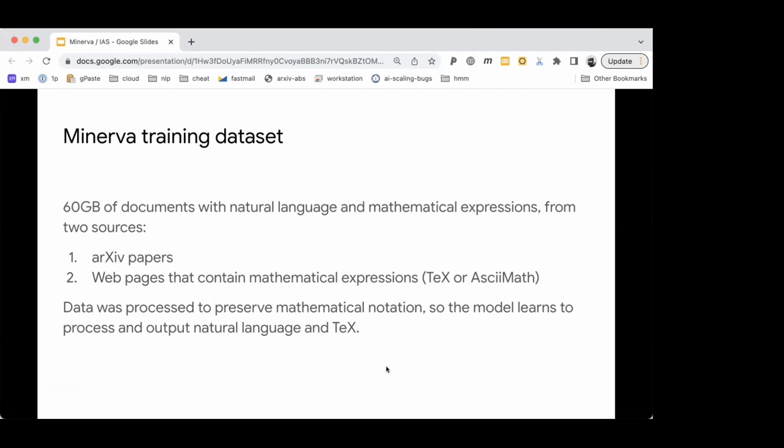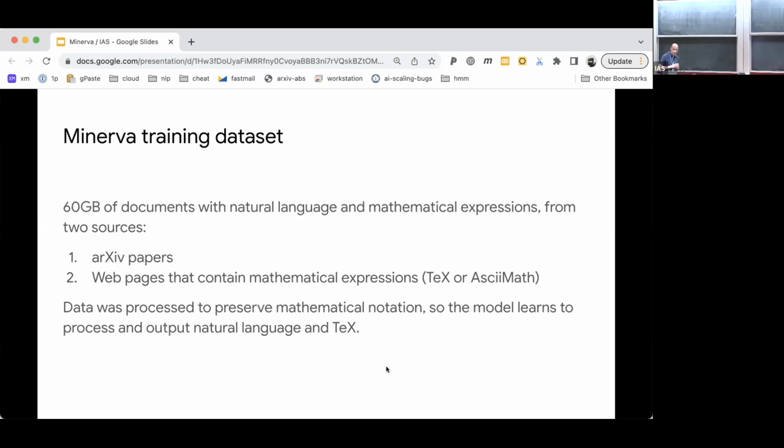It's surprising that for high school level or early college level physics and math, that arXiv papers could be important. So what happens if you just throw out one and just keep two? Yeah, that's a good question. I don't know the answer to that. I mean, I can say this model can do more than solving math and physics questions, but we didn't have the budget to ablate arXiv or non-arXiv. I mean, I agree with your guess.